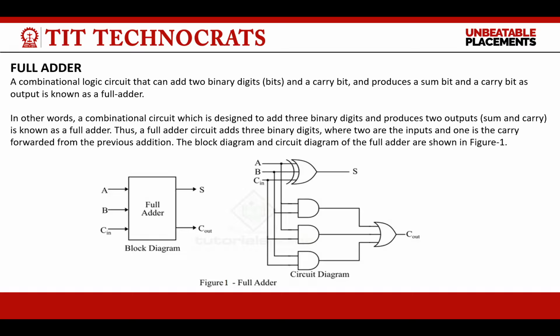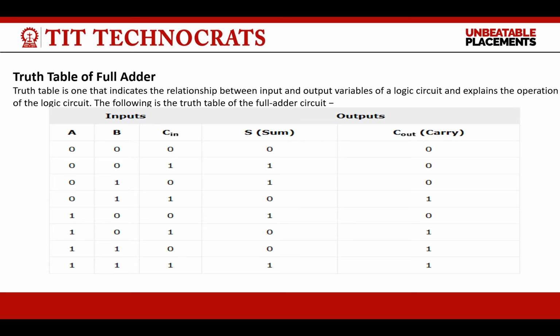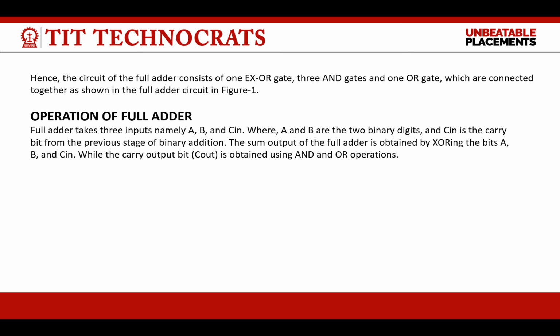But if we see the C out of the full adder circuit, we are using 3 AND gates and 1 OR gate, and the output of the OR gate is marked as C out, which gives you the carry out of the circuit. Hence, the circuit of the full adder consists of one exclusive OR gate, three AND gates and one OR gate, which are connected together as shown in the diagram.